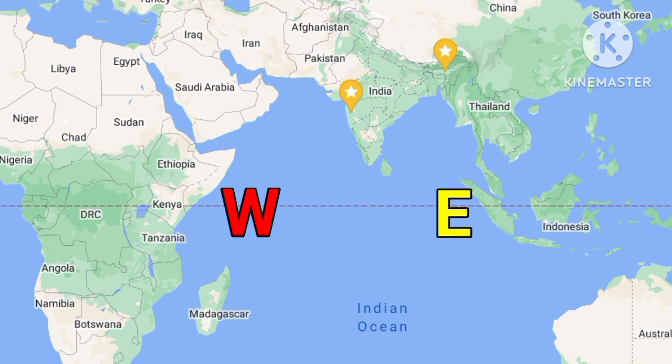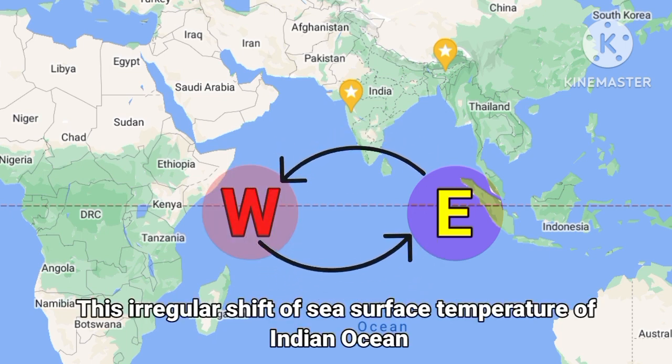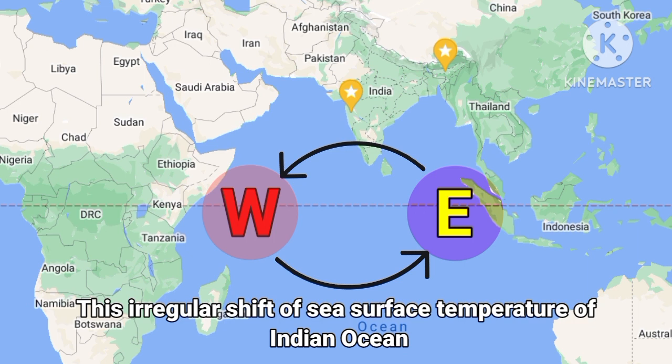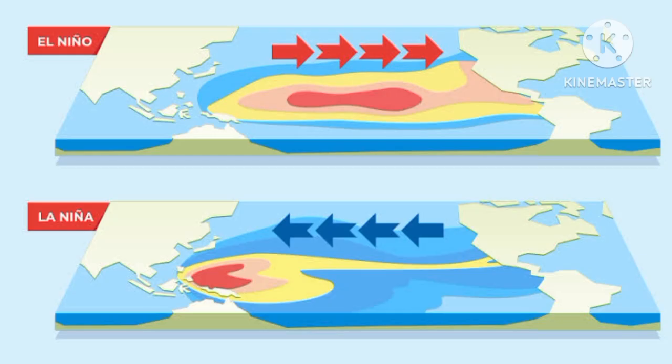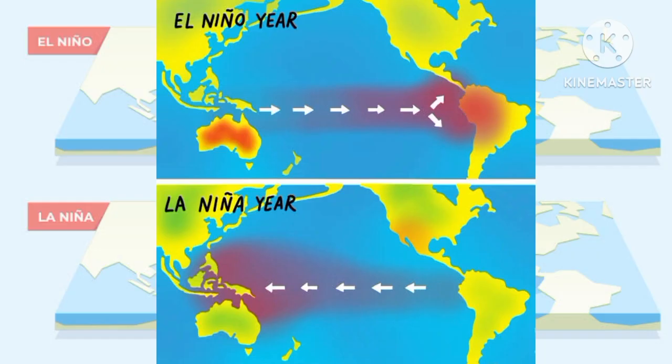That means if the western Indian Ocean becomes warmer, then the eastern part would be cooler. Similarly, if the eastern part becomes warmer, then the western part would be cooler. This irregular shift of sea surface temperature of the Indian Ocean is called the Indian Ocean Dipole. It is similar to the phenomenon El Nino and La Nina of the Pacific Ocean.